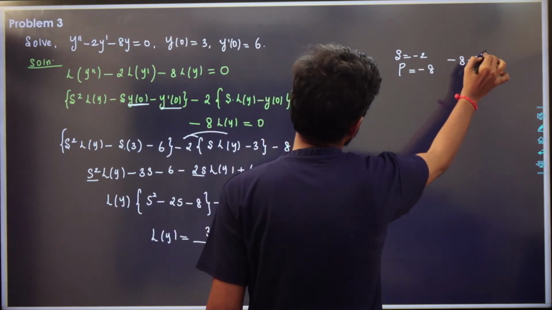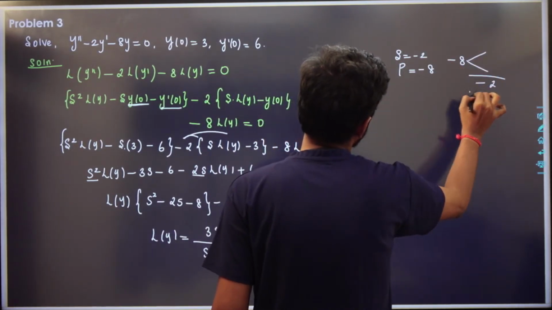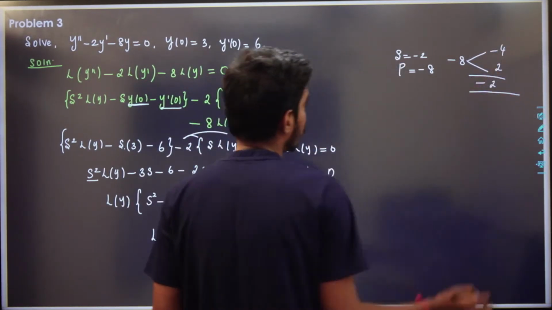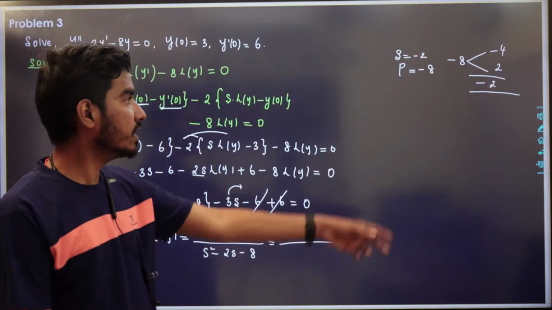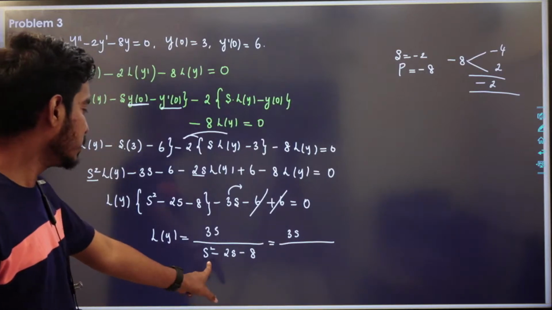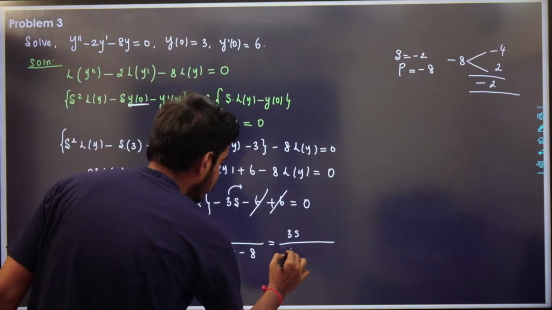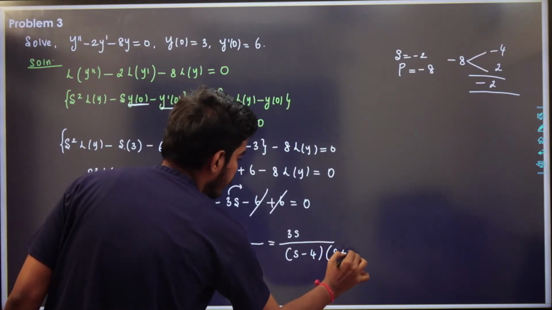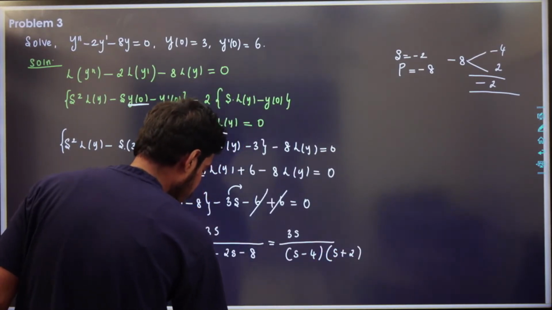So this will be minus 4 and 2: minus 4 into 2 is minus 8, and minus 4 plus 2 is minus 2. So I can write s square minus 2s minus 8 as s minus 4 times s plus 2.